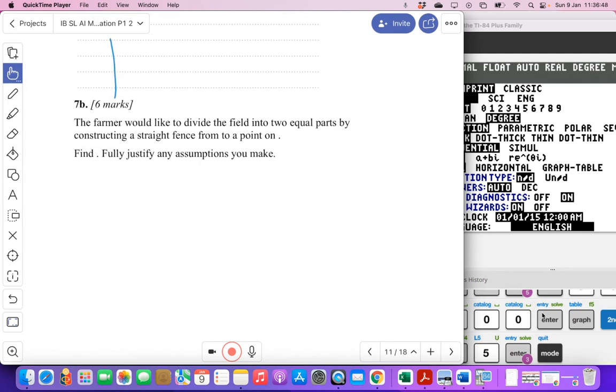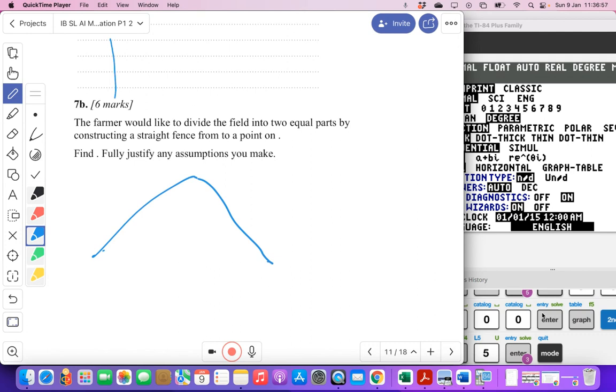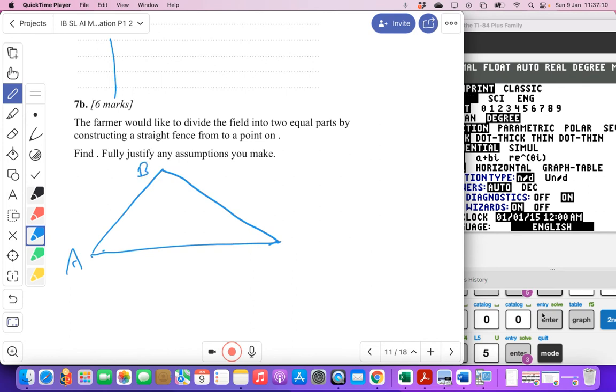So ABC, and then he's going to come across here with a new line, and that's going to divide the area in 2.